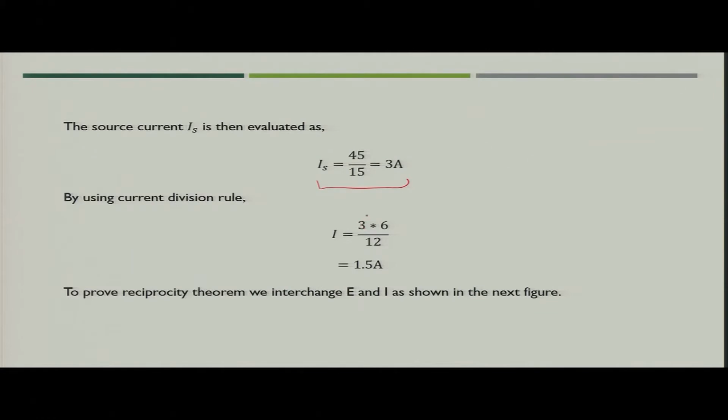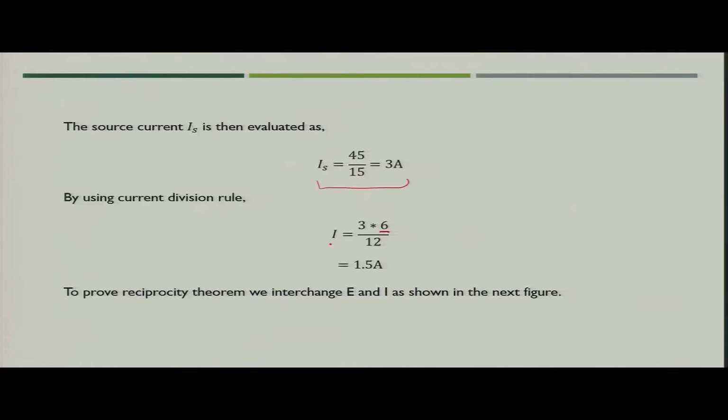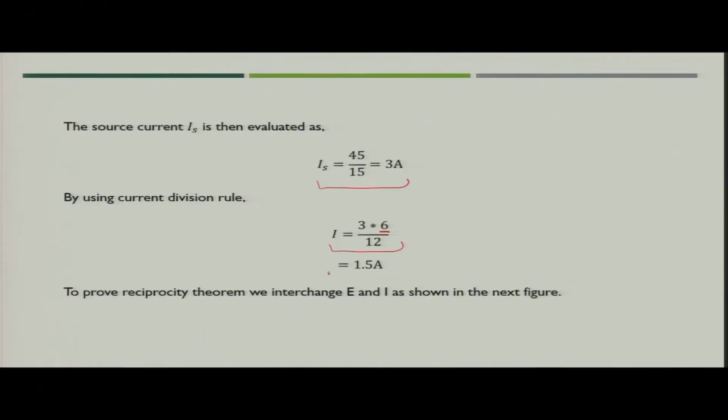So, you will see here the 3 is the current value ampere, 6 is this value of the resistance, and summation of the resistances, that is 6 plus 2 plus 4, that will become 12. So, with current division you can easily find out the value of current flowing in this 4 ohm resistance, that is I, and the value of I is 1.5 ampere.